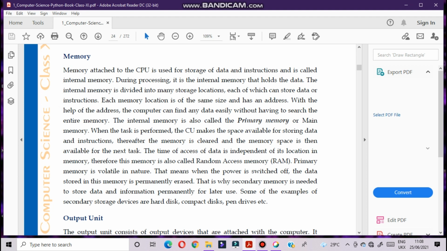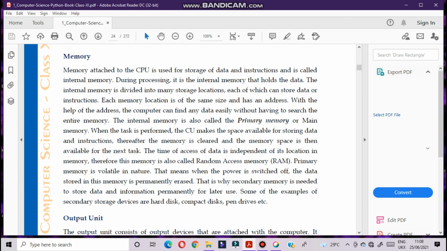When a task is performed, the CPU makes the space. When the task, means operation, is performed, the CU, means control unit, makes the space available for storing data and instructions.